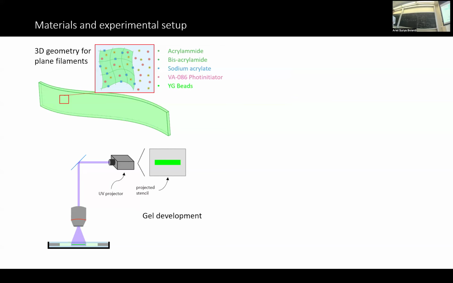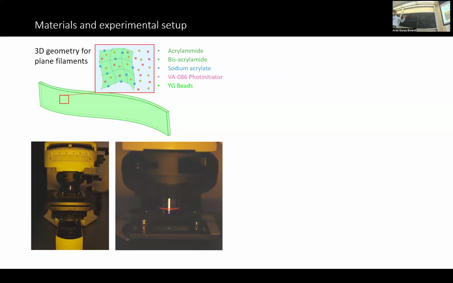This is projected in a microscope, which focuses this light in the solution of monomers, and where the light hits, the free radicals are released, and so the reaction starts, and we have localized polymerization of the material. These are pictures of the setup. So this is the microscope, and the spot of light is where the sample is being prepared.